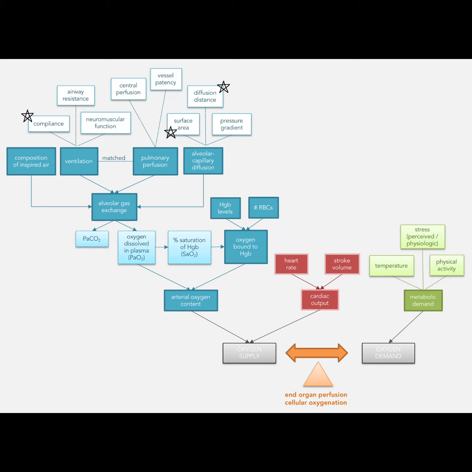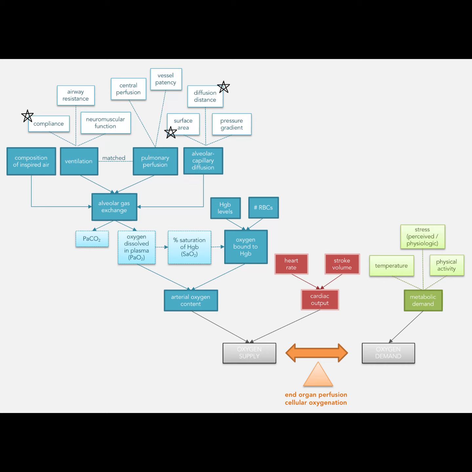So I noted the areas that could be affected. Compliance is one. Obviously, when the lung is inflamed, the stretchability of that lung would be impacted. The diffusion distance, we said, when the alveoli are full of pus and liquid, that will make it harder and longer for the oxygen to travel into the blood vessel. And then the surface area.